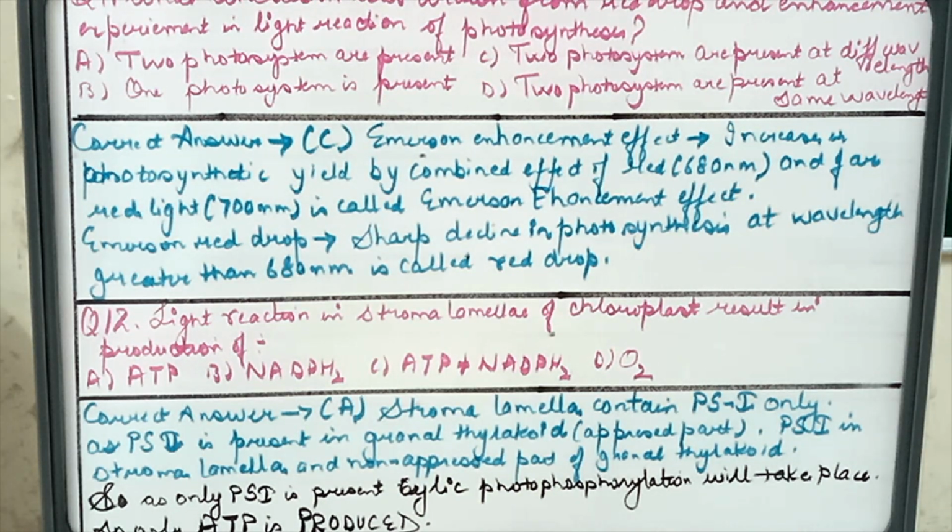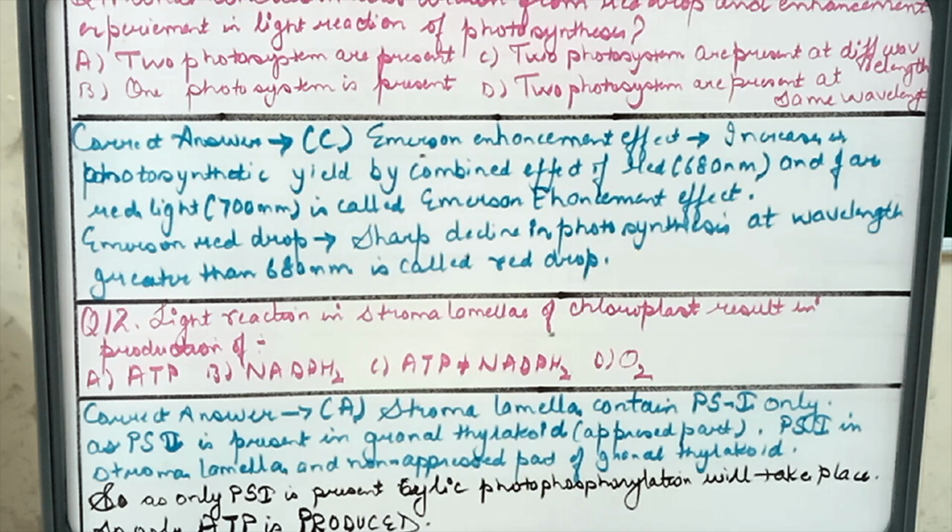Now let us look at question number 12. Light reaction in stroma lamina of chloroplast results in production of ATP, NADPH2, ATP plus NADPH2, and oxygen. The answer to this question is A, ATP. Now, how to answer this question?